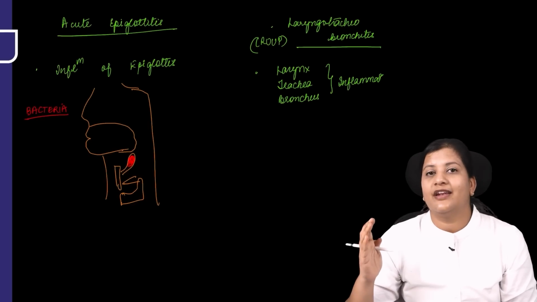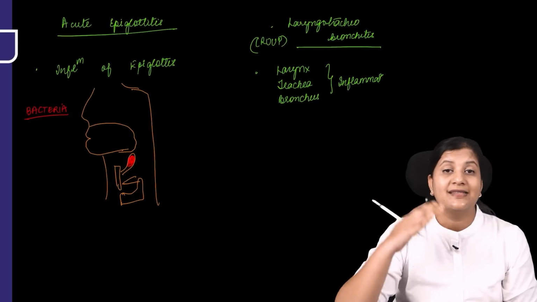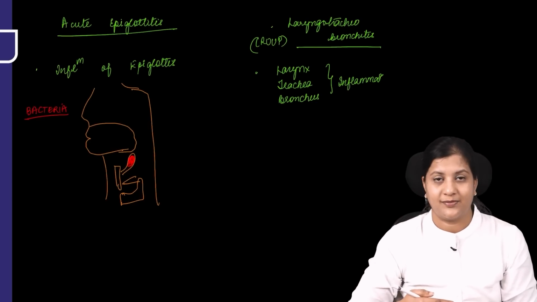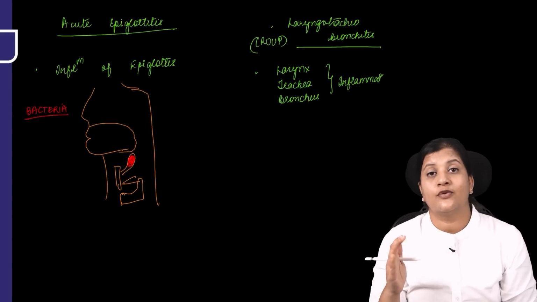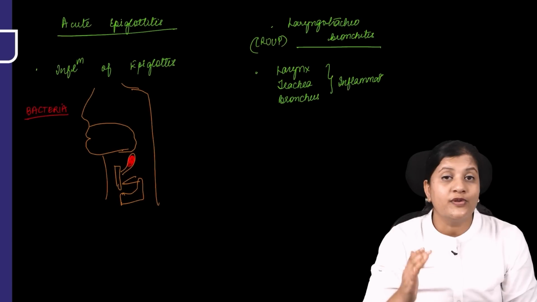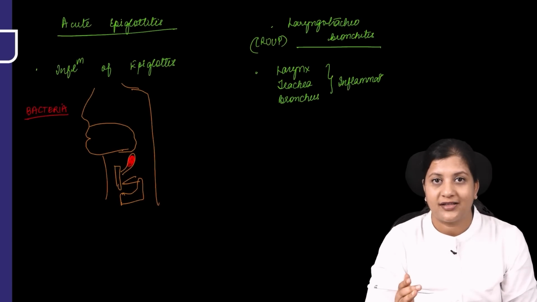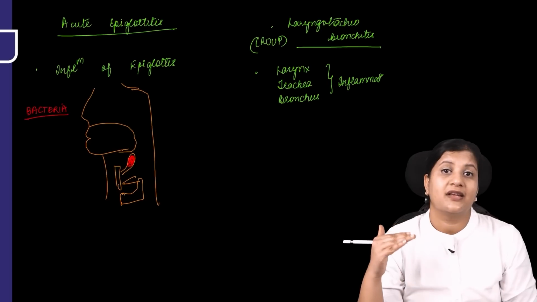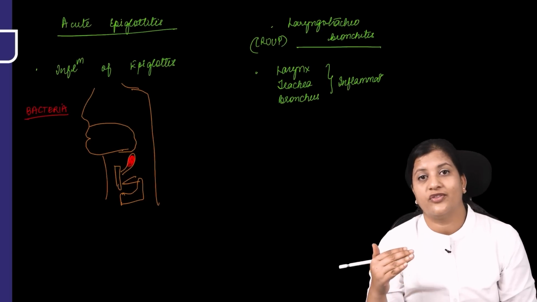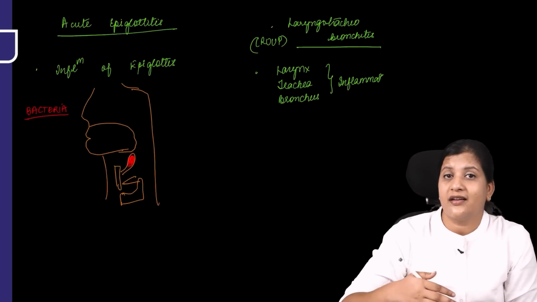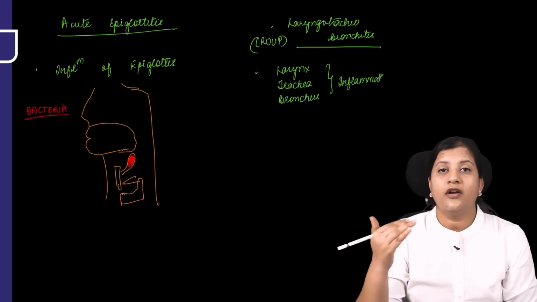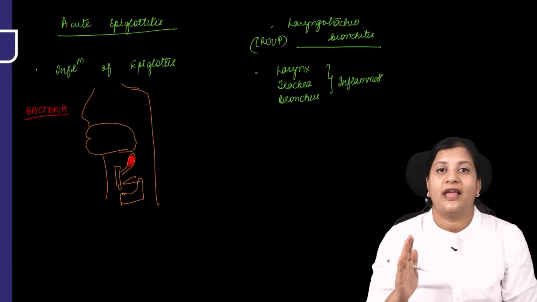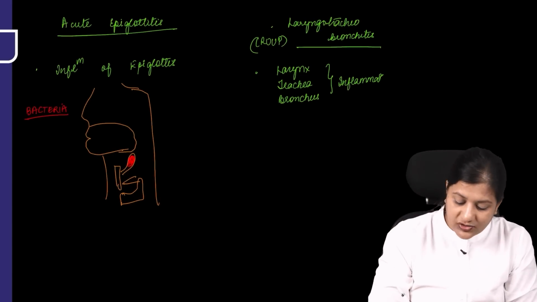So H influenza induced epiglottitis has come down in the recent times, because vaccination has reduced the occurrence of the disease, or even if there is an occurrence, the presentation to the doctor has come down. But now what we see is most commonly epiglottitis is caused by Streptococcus pneumonia.